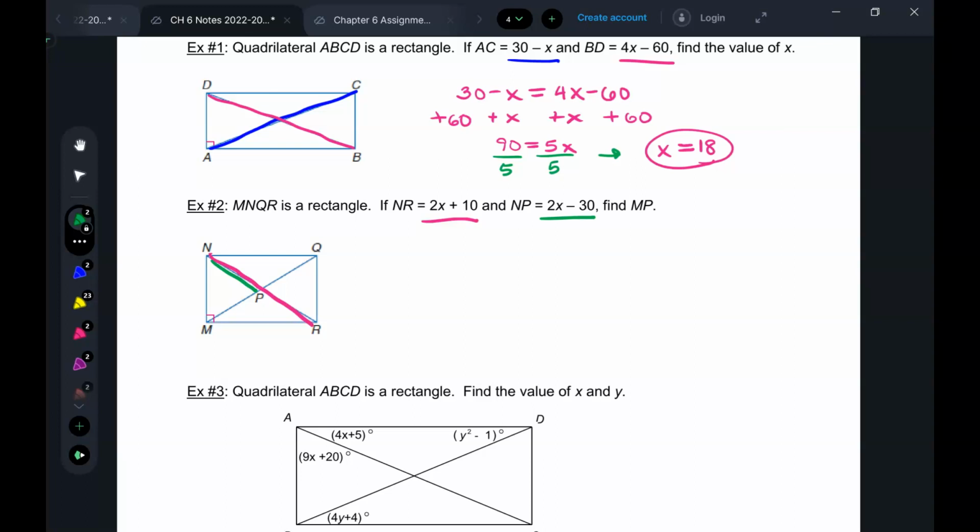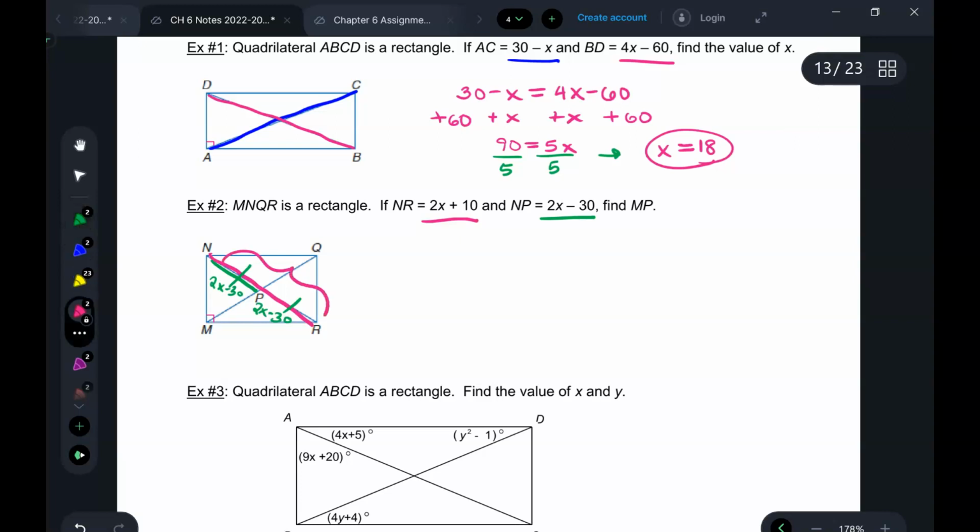They're equal to each other, right? And if NP is 2x minus 30, isn't this also 2x minus 30? And then the whole thing is 2x plus 10. So we need to come up with an equation. 2x minus 30 times 2 equals 2x plus 10. Perfect.